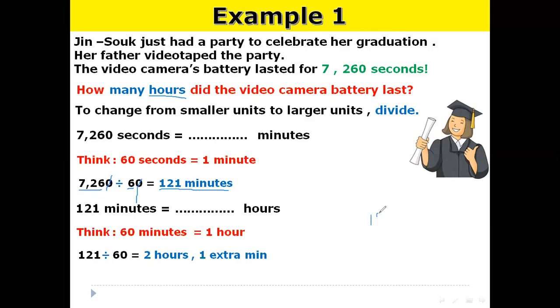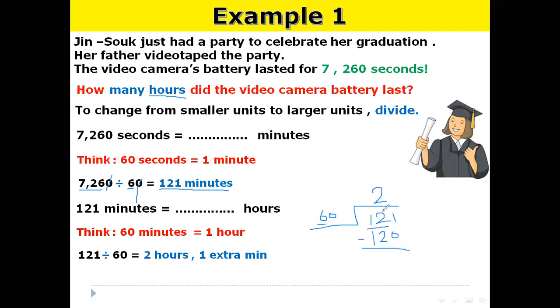This is 121. When you divide it by 60, by using covering, if you cover the 0 and the 1, you will get 12 divided by 6. And we know 12 divided by 6 is 2. If you try the 2, you will get 120, and this is actually working. So subtract 121 minus 120, and you will get a remainder of 1.